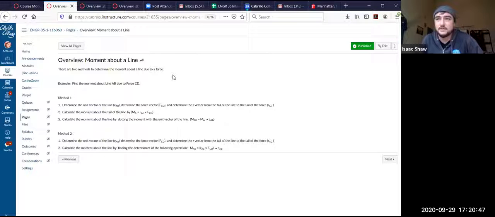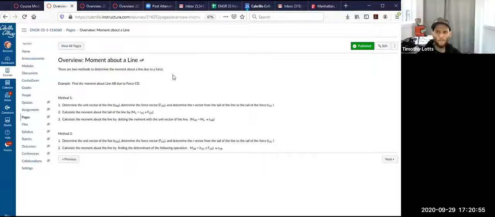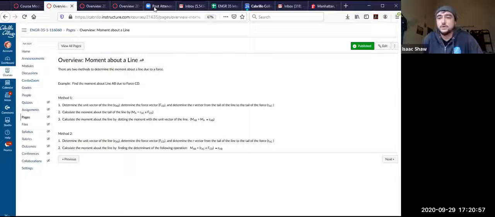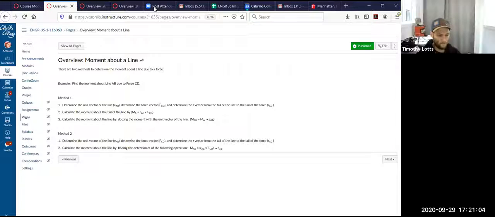The first method allows you to find the moment about the point along the way, if you care, like if she asks. If you don't want the moment about the point, then just do the second method. Because it's a determinant, which is nice.